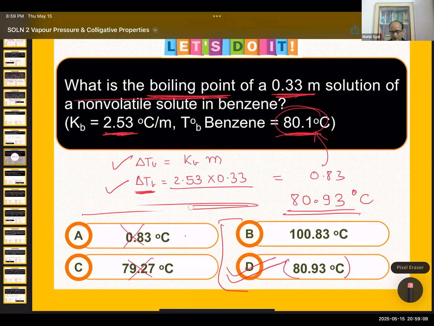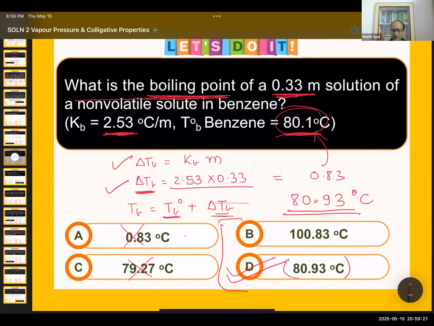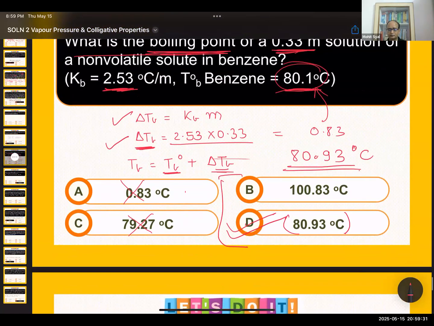In the final answer, you are going to write: TB = TB0 + delta T. TB0 is 80.1 and delta TB is 0.8. Got it? So these three things you are going to write.